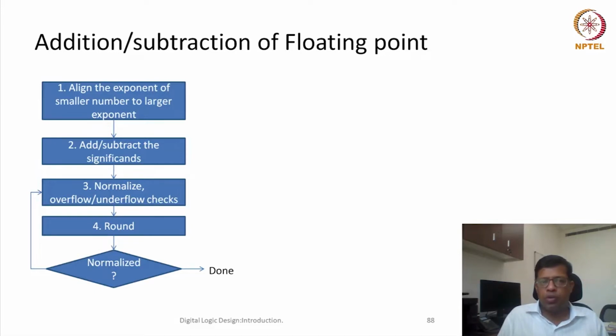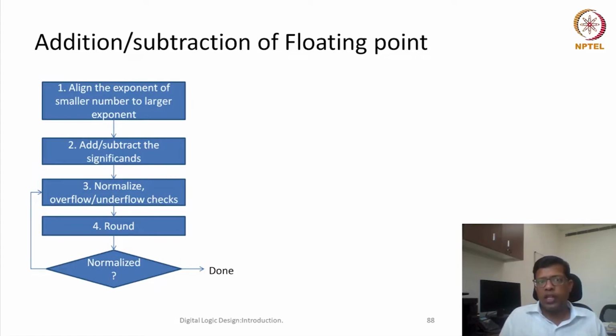But before even the first step, the zeroth step: our floating point number is represented in a 32-bit compact format where some bits are sign, some are mantissa, and some are exponent. So first of all we extract all of these bits: the sign bit, the mantissa bits, and the exponent bits, and the mantissa is also converted into the significand.